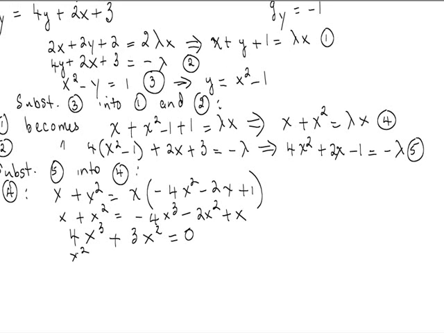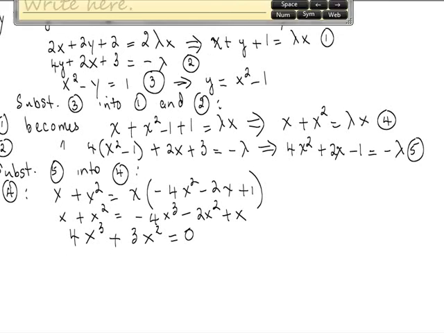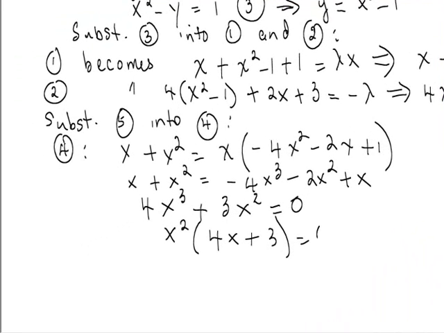Factor out x squared. X squared, you have 4x plus 3 equals 0. So x is 0 or minus 3/4.